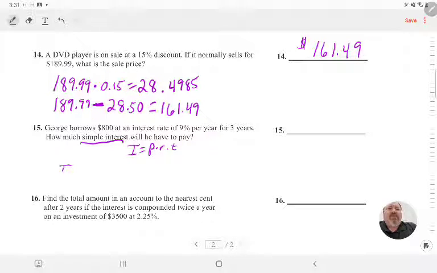So interest equals 800 is my principal times my interest rate, which has to be in a decimal, so 0.09, times my t in years, so times 3. And when I multiply those 3 together, I get $216. So the interest he would have to pay is $216.